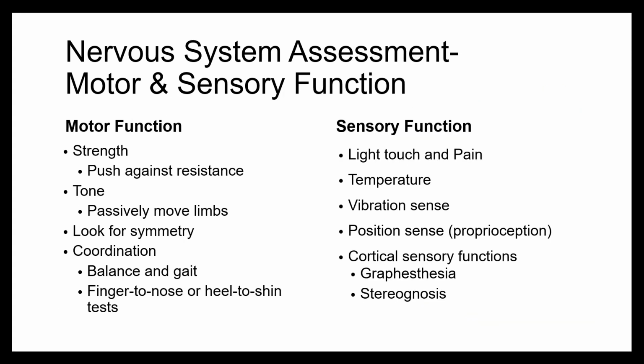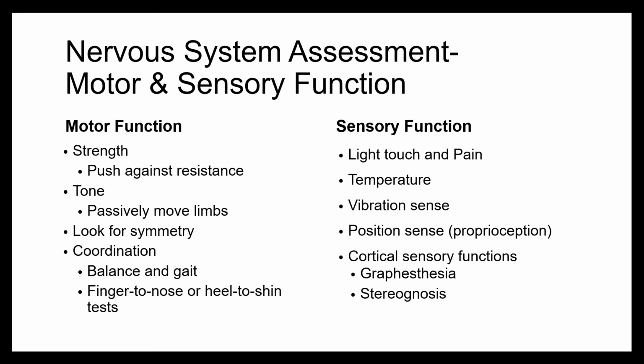The motor and sensory function slide actually covers 3 aspects of our 6 when it comes to the neurological assessment. So first, we have motor function, which is going to look at the patient's strength, for example, their ability to push against resistance. We're going to look at their tone as we passively move their limbs.